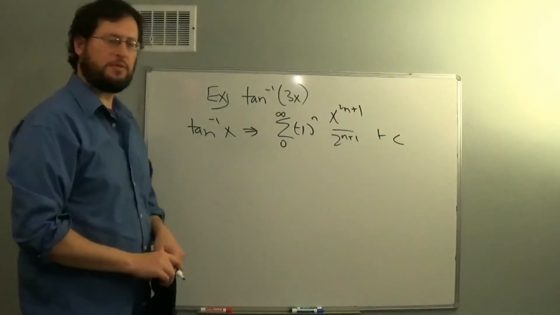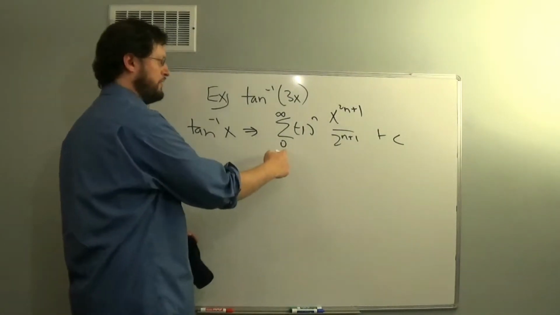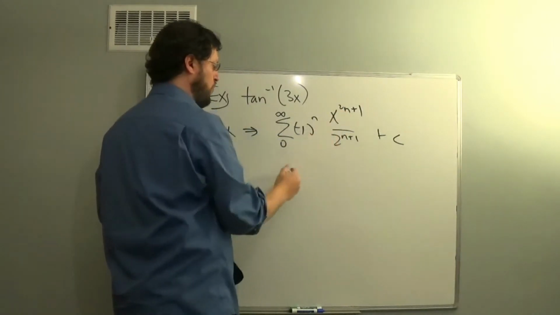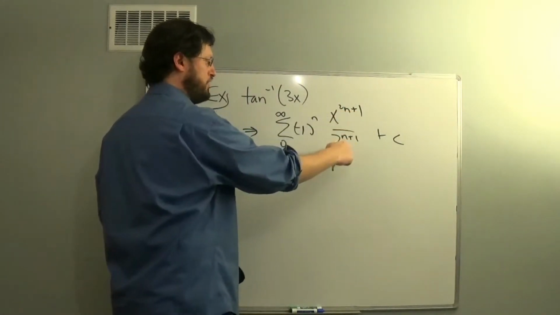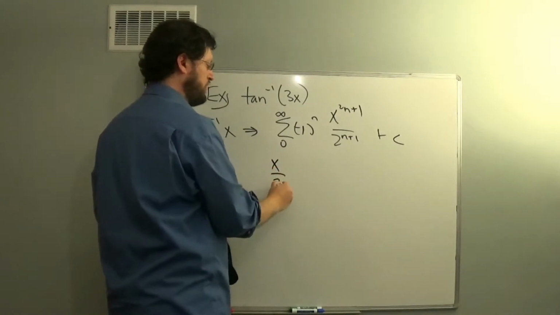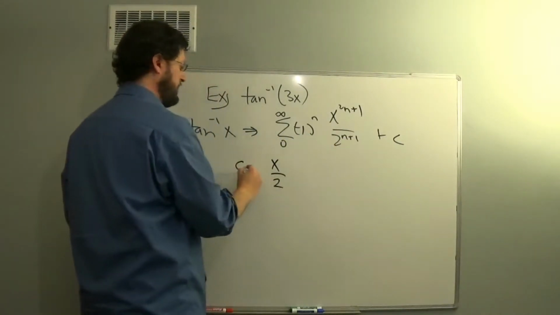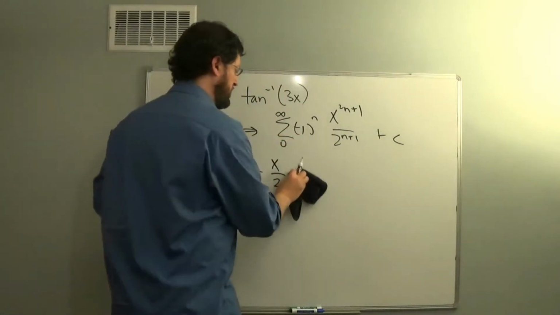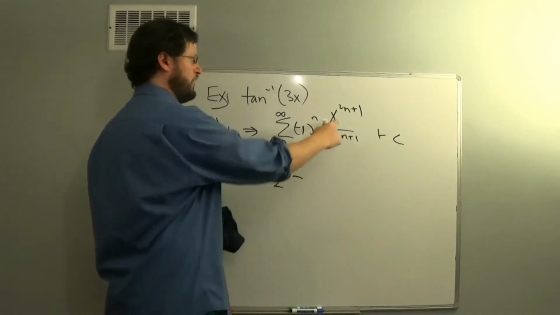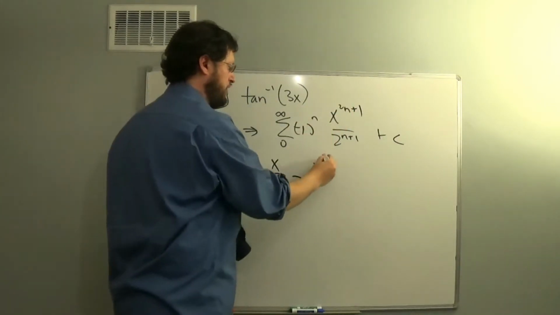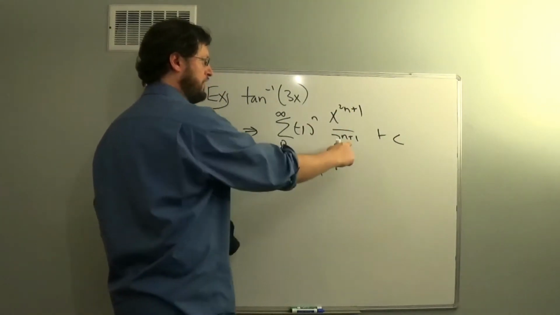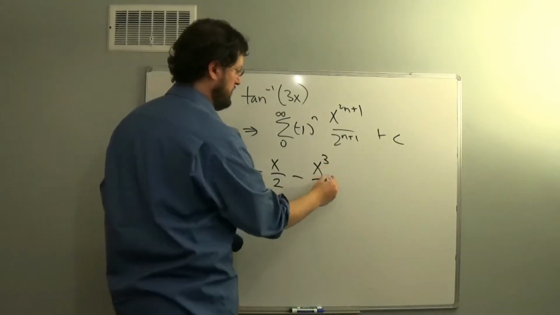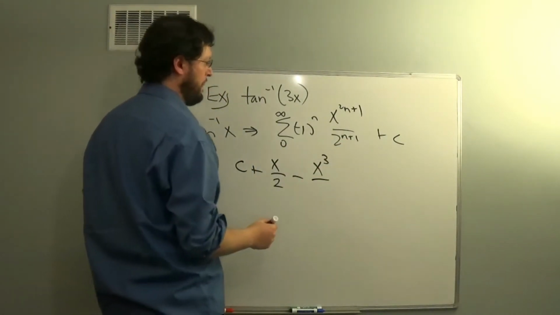Let me just write out some of those terms. If I plug 0 in, negative 1 to the 0 makes it positive. X to the 1. I'm going to put the c at the beginning. When I plug 1 in, I get negative 1 to the 1, which is minus. And now these are going to be odd numbers. So that will be x cubed.